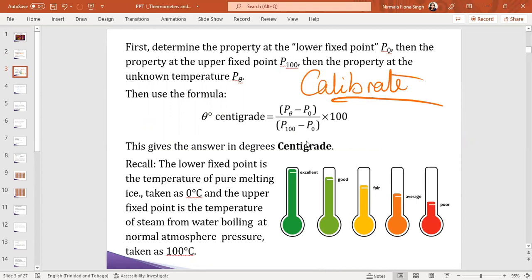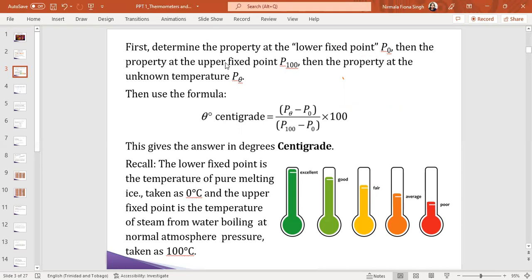All right, so here you have to know certain topics and certain points in the calibration of a thermometer. And first thing to know of these are your fixed points. You should have done this again, as I said, in CSEC, but if not, it's all right. So let's read it. First, determine the property at the lower fixed point.